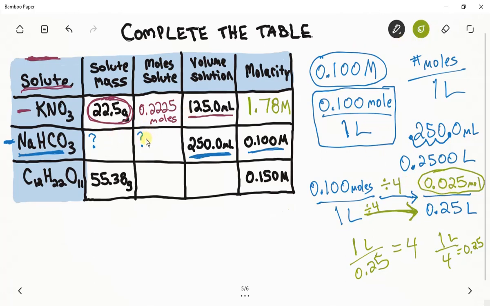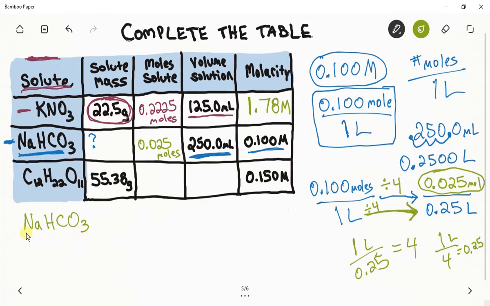So let's write that in the box. Let's erase this question mark, and we'll write 0.025 moles. So now we need to find out what the mass is. How many grams do we have? Well, in order to find out how many grams we have in 0.025 moles, we need to find out how many grams of sodium bicarbonate is in 1 mole of sodium bicarbonate.